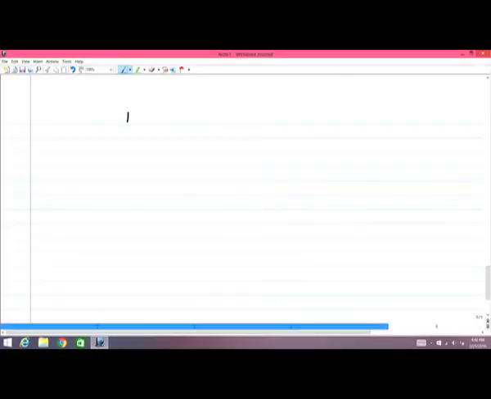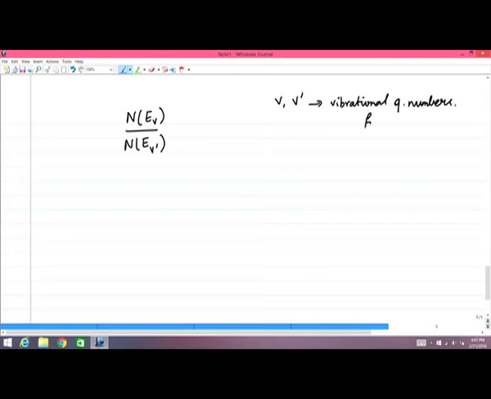Therefore, in the case of vibrational motion, if you write N for V and V prime, where V and V prime are the vibrational quantum numbers for two different states, this is nothing other than simply exponential minus (EV minus EV prime) by kBT.